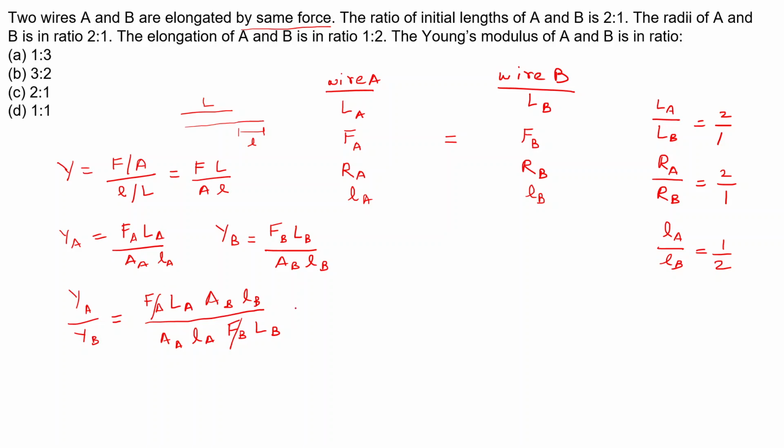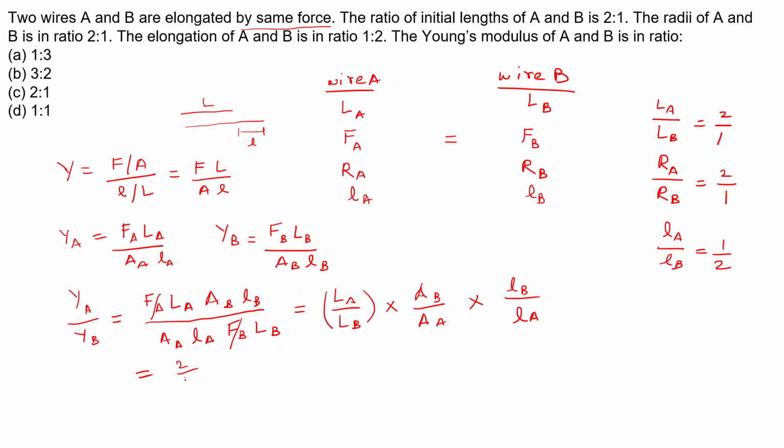Now let me arrange it properly. I'll keep the lengths together because we know these ratios: LA by LB, AB divided by AA, and the change lB by lA. Now what we know is LA to LB is 2/1.